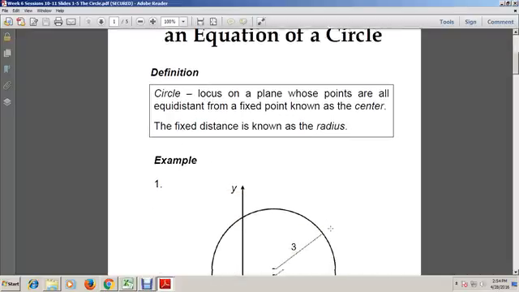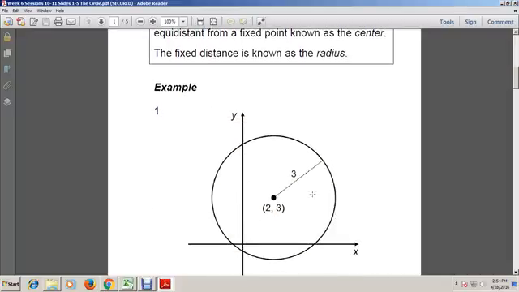As we can see in this example, the center is represented by the point (2, 3), and the distance from the center to any point along the line of the circle is 3 units. So this 3-unit line serves as the radius of the circle.